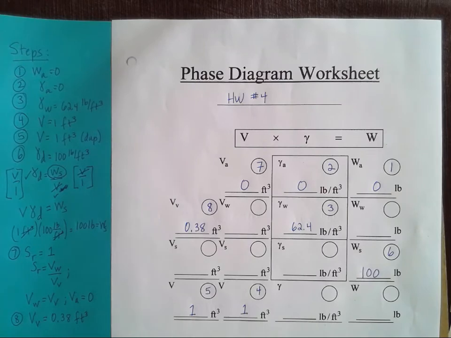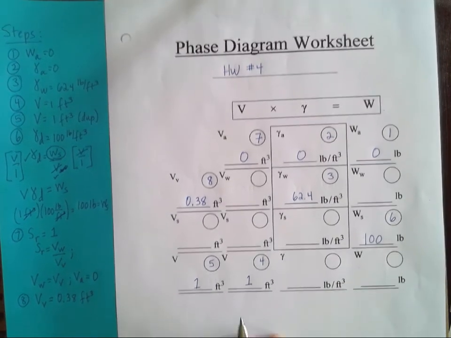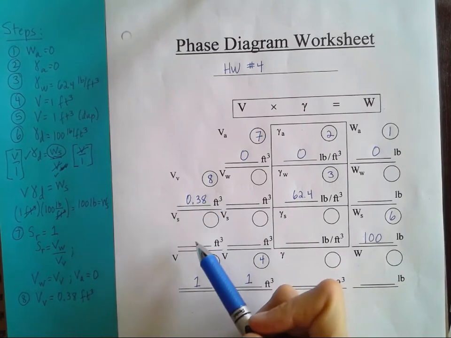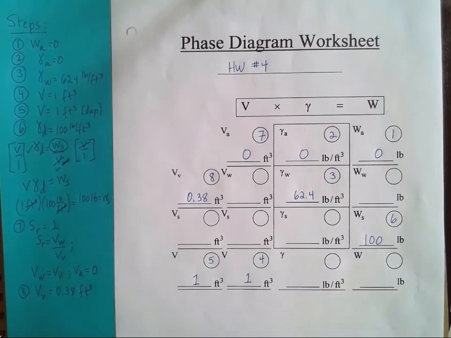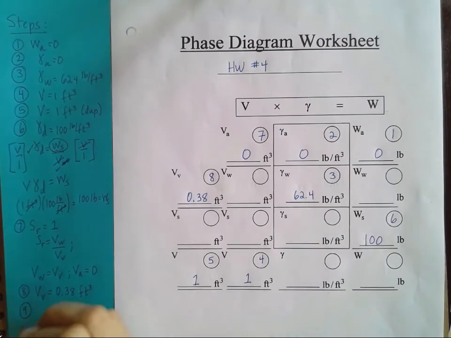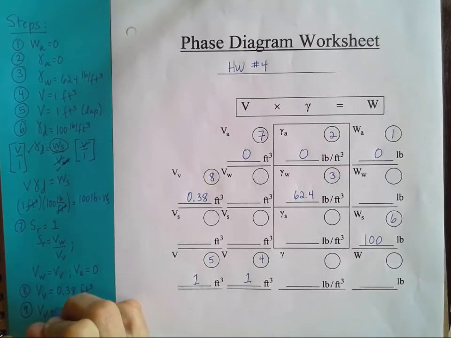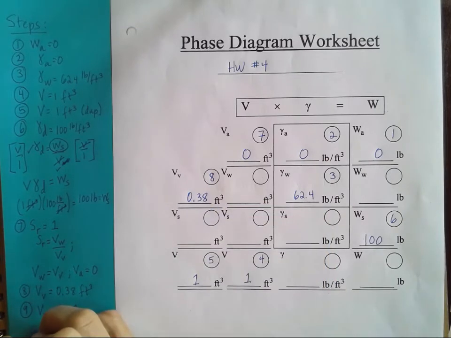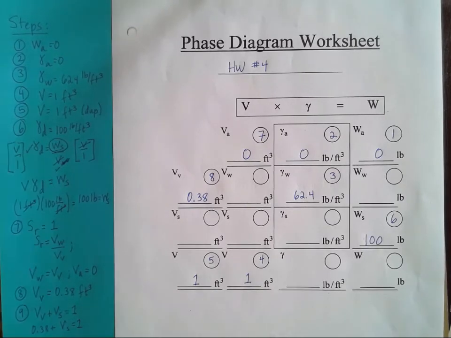And now that we know that, we'll figure out the volume of the solids, because we know that plus something is going to have to equal 1. So that'll be our step 9. We'll just say volume of the voids plus volume of the solids has to equal 1. I know my volume of the voids is 0.38, plus something is going to equal 1. So I'm just going to take 1 and subtract 0.38.